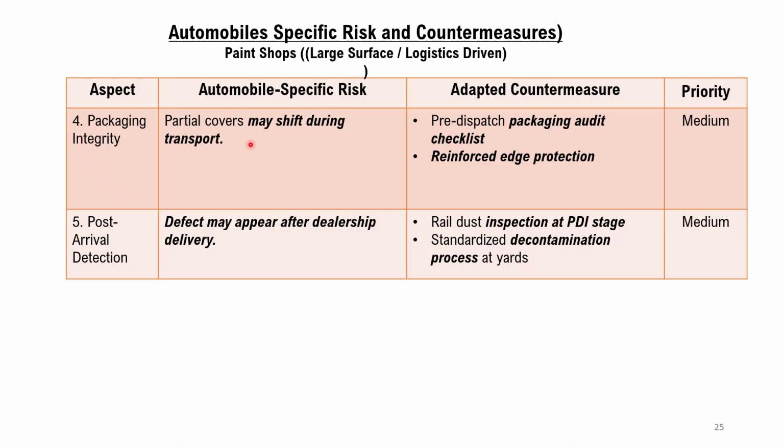Therefore, in case of automobiles, use a pre-dispatch packaging audit checklist and reinforce edge protection. And finally, post-arrival detection. In automobiles, defects may appear after dealership delivery. Here, the adapted countermeasures are rail dust inspection at PDI stage. Number two, standardized decontamination process at yards.